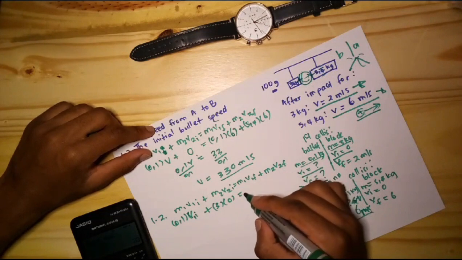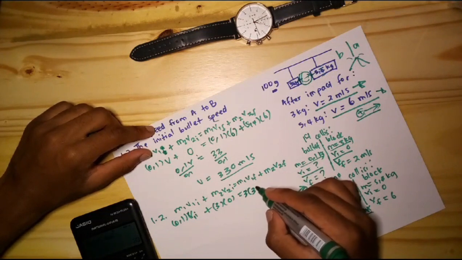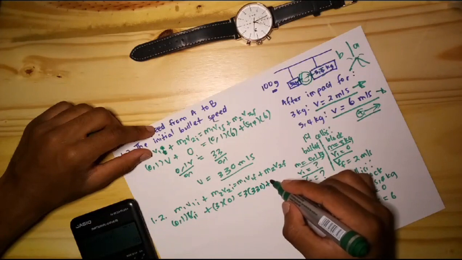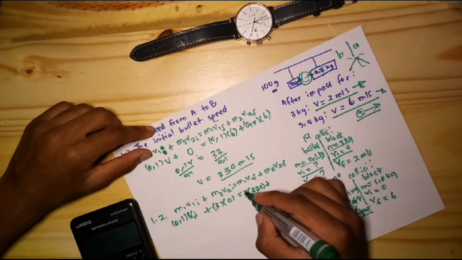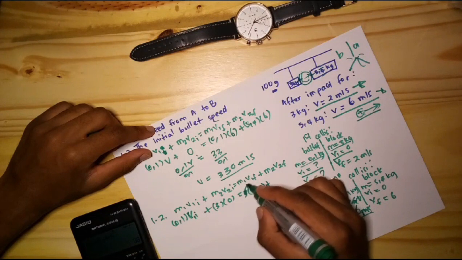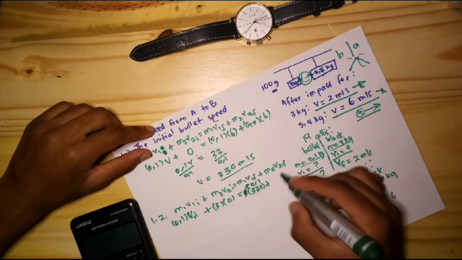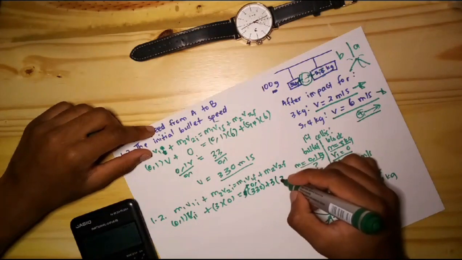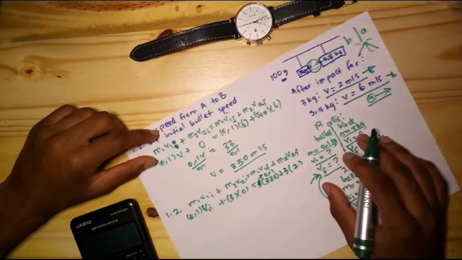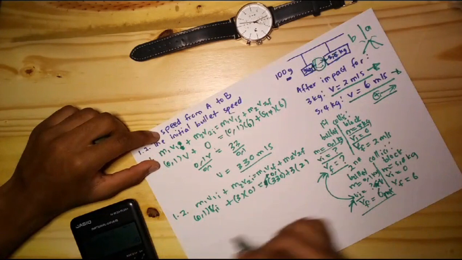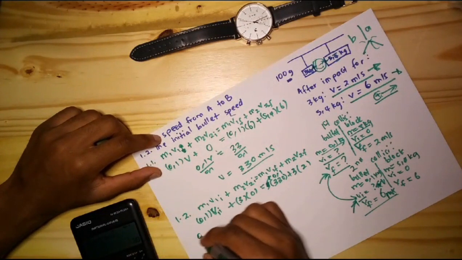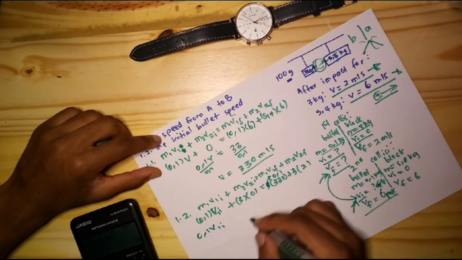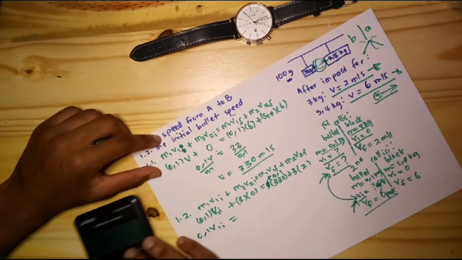Henceforth, you're going to be having 0.1, the mass of the bullet, multiplying 330, plus 3 multiplying 2. Quite underwhelming, but yes. You'll be having 0.1 v1i is equal to what?